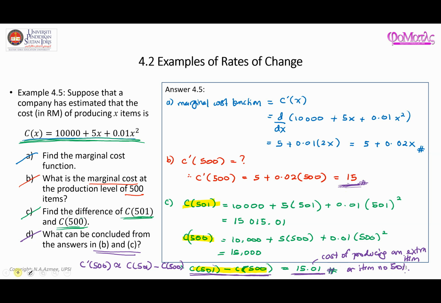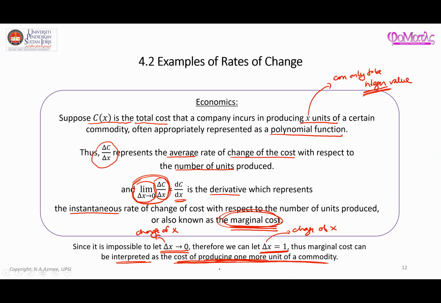So now if you go back to the definition that you have seen in the previous page, it says that marginal cost can be interpreted as the cost of producing one more unit of a commodity.